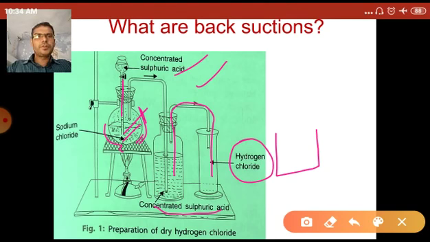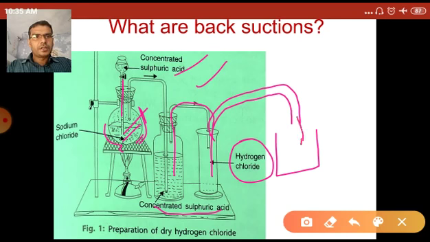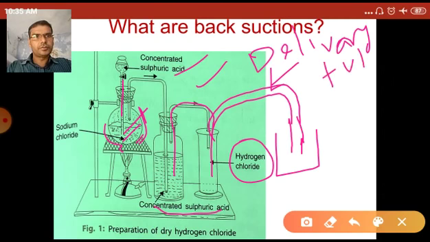After hydrogen chloride gas preparation, one delivery tube is attached to the gas jar where the hydrogen chloride gas is stored. Through this delivery tube, the hydrogen chloride HCl gas passes into a beaker containing water.